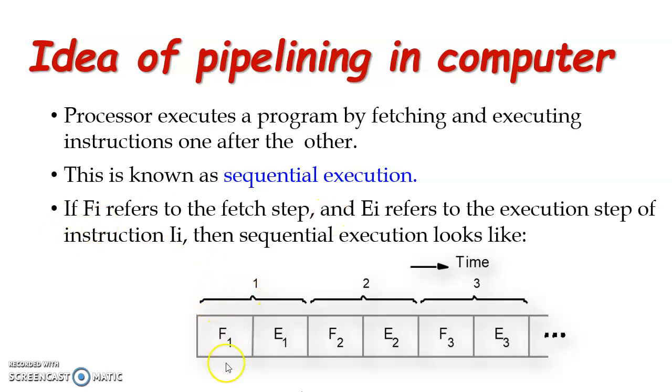The first instruction is fetched and executed, and the second instruction is fetched and executed, and the third instruction is fetched and executed. And in a pipeline operation, more than one instruction is fetched and executed at the same time.